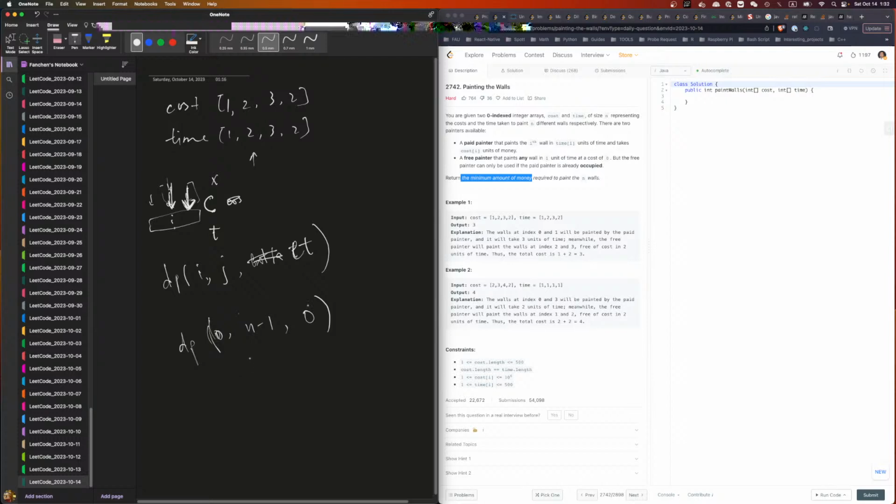And if we do that, this is what we want to find, 0 to the end. But how do we find from 0 to the end?